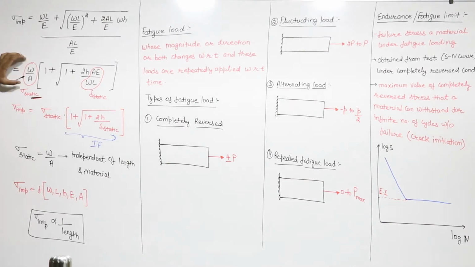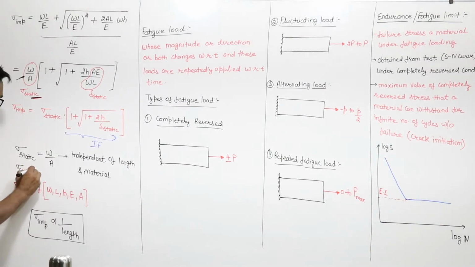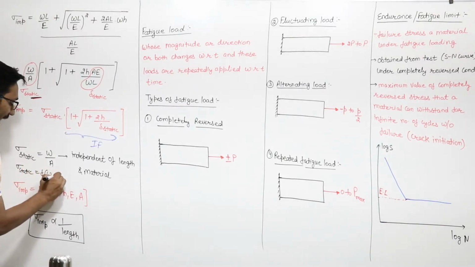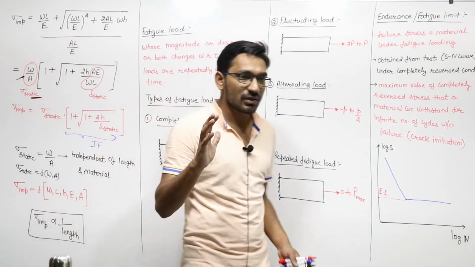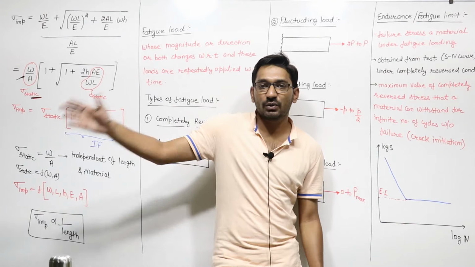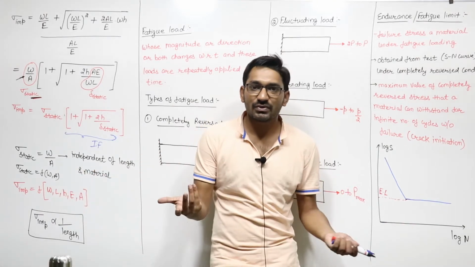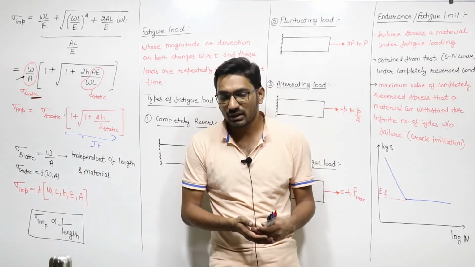Sigma static is load per unit area, so it is a function of load and area only. Right. If load is constant and area is constant, then the stress developed during the static loading will be constant. Right. It will not change.